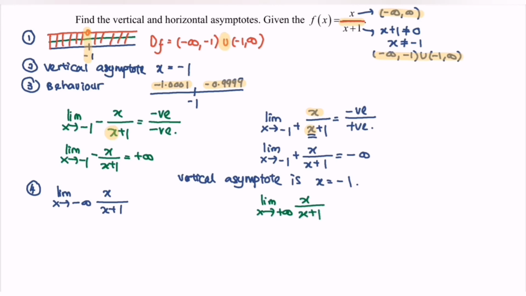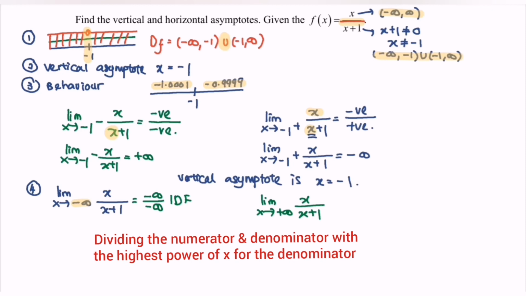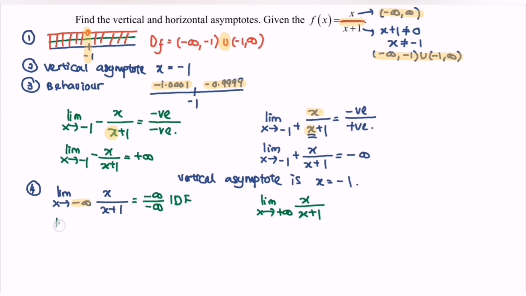Substituting negative infinity, we will have negative infinity over negative infinity, which is indeterminate form. So we are going to divide the numerator and the denominator by the highest power of x of the denominator, which in this case would be x.